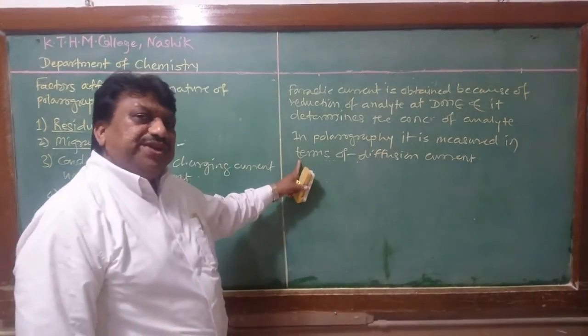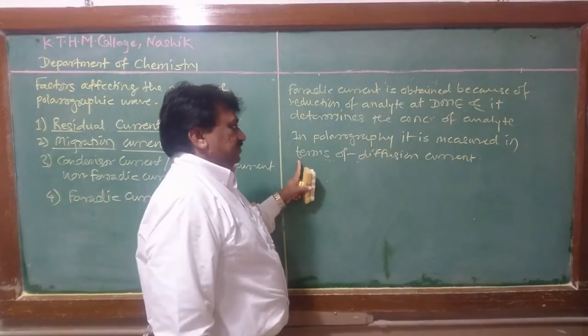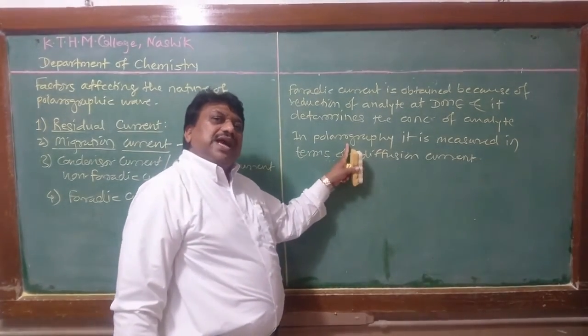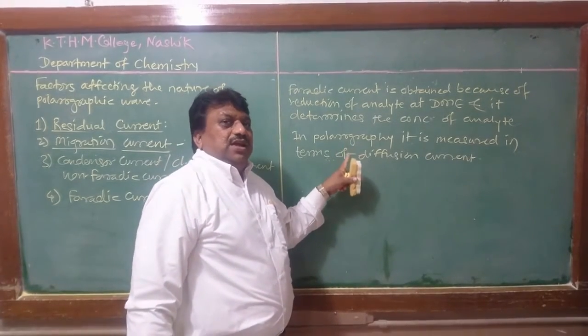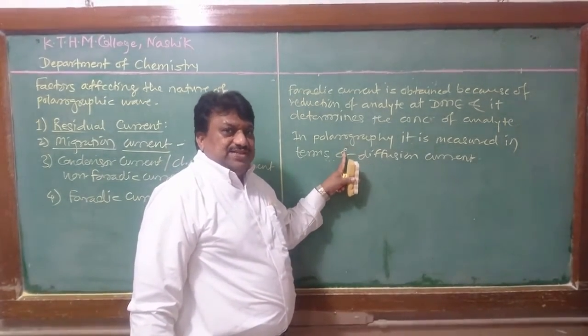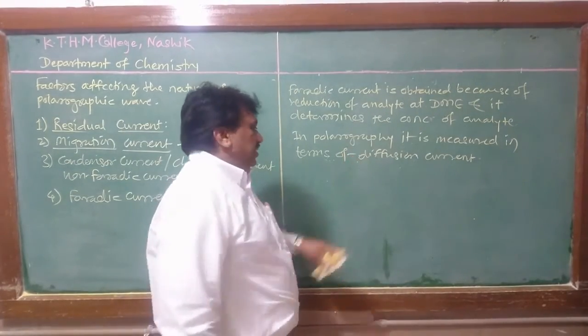Now, if impurities are present in the solution, those are also reducible at the reduction potential of the analyte. Then the cathodic current increases and the diffusion current increases.